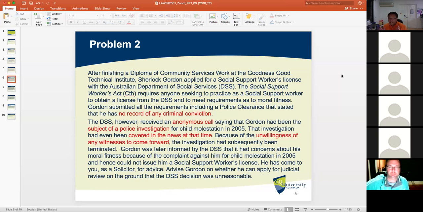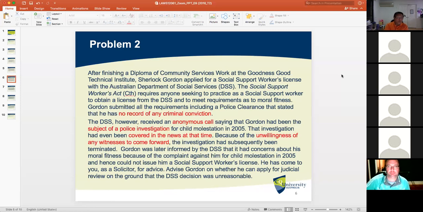The question then is, would it be unreasonable? Would it be a decision such that no reasonable person could have arrived at that decision? Can it be said that, out of maybe 20 reasonable persons, reasonable authority figures, not one of them can say that perhaps there is a basis for the claim or allegation that Sherlock Gordon has committed child molestation?